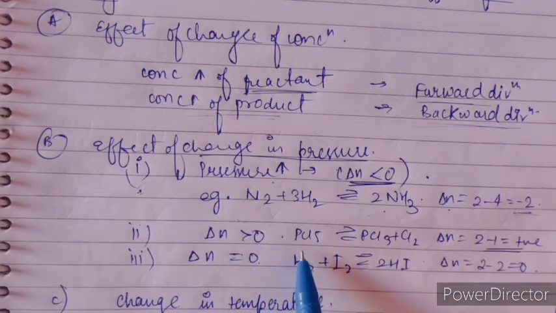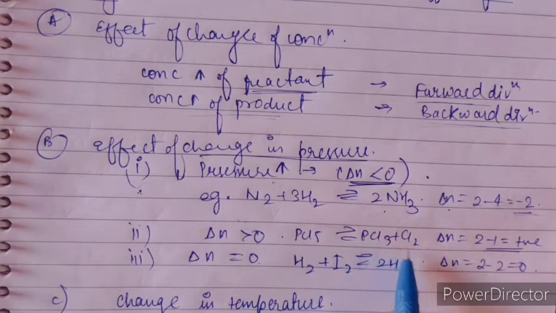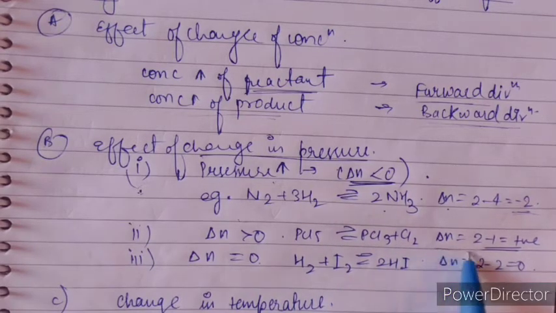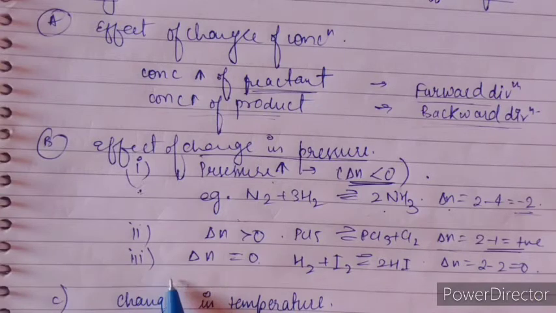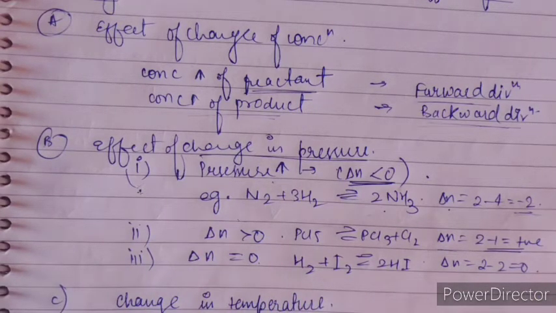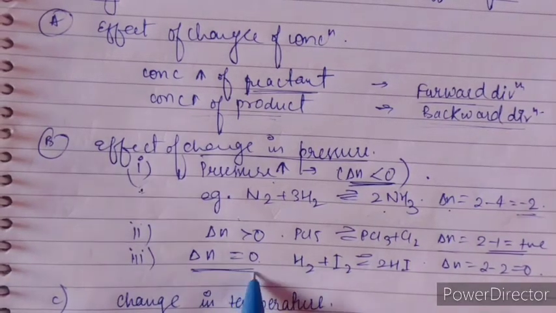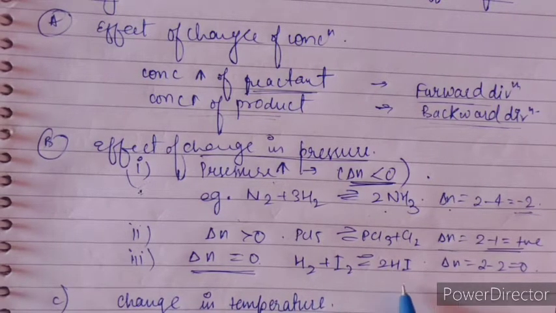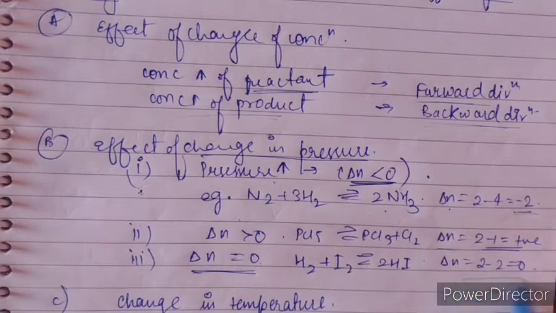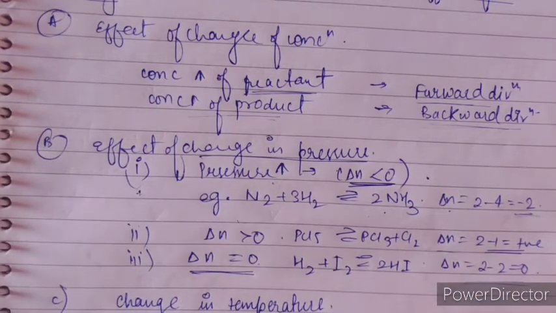The example for this point is PCl5 giving PCl3 plus Cl2, where the delta n value is positive. The last one is, the change of pressure has no effect if delta n is 0, meaning there is no change in the number of moles. The example is hydrogen reacting with iodine to give HI, where the value of delta n is 0.